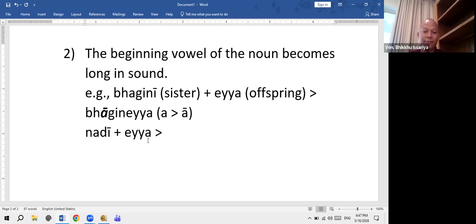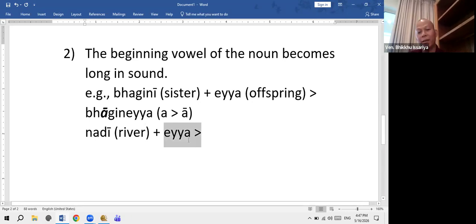And then Nadi. What does it mean, Nadi? River. Now, Eyya generally means offspring, sometimes son, sometimes daughter, sometimes descendants.